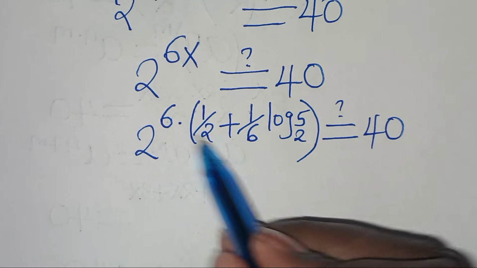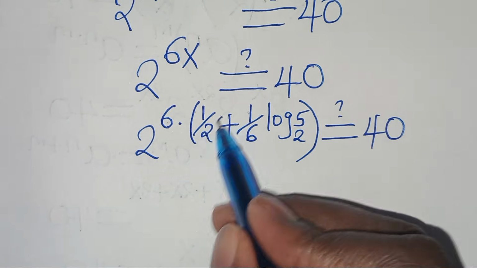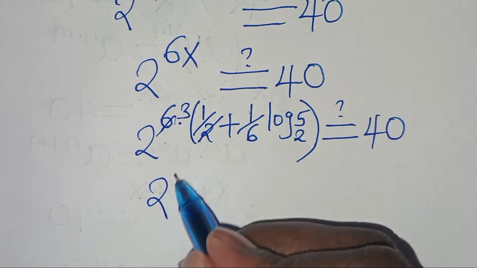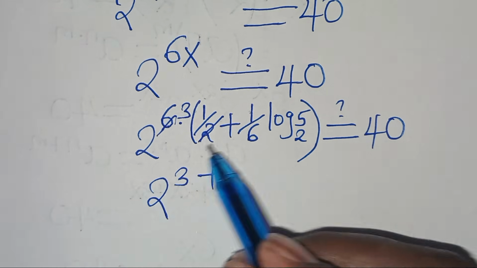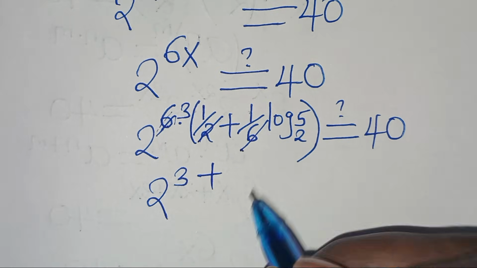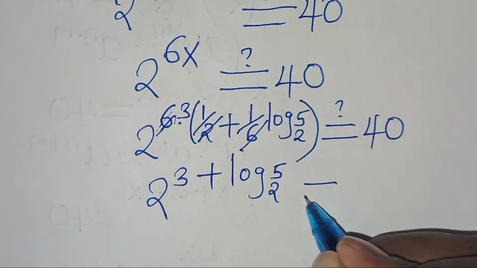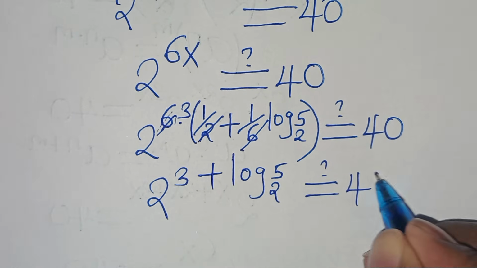Now, let's simplify here. 6 divided by 2, this is equal to 3. So we have 2 to the power of 3, then plus 6 and 6 here simplifies, so that we have now log 5 to base 2. This is supposed to give us a value of 40.